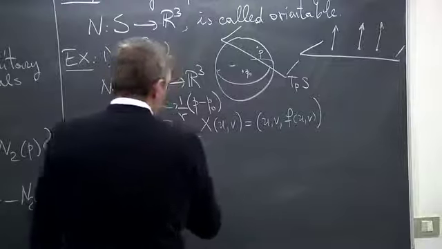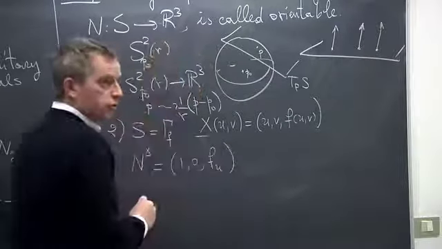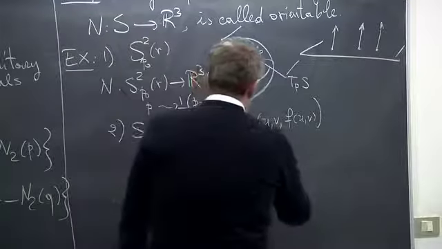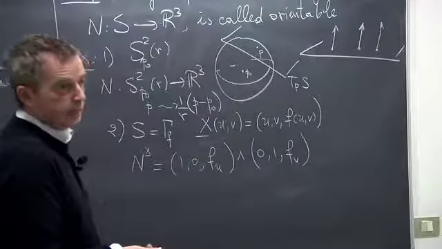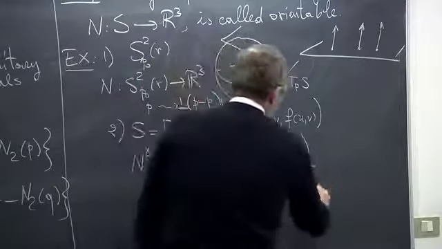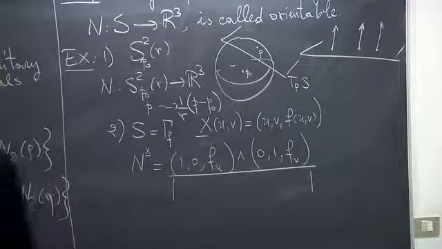Well, let's do it. This is (1, 0, partial derivative of f with respect to u), cross product, wedge, (0, 1, f_v), normalized. Okay, so divided by its norm to have it normal.